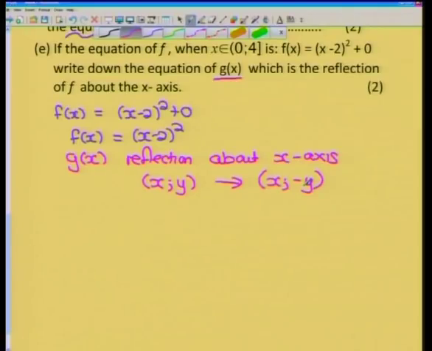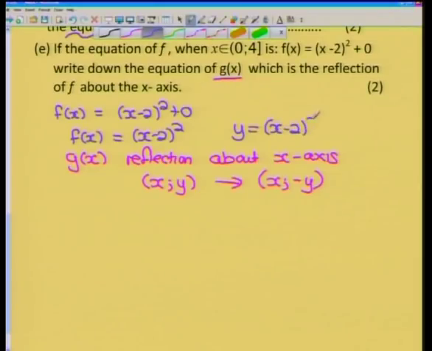The x, y will become x, negative y. So if we go to this purple one that we've got up here, this y equals x minus 2 all squared, and we're now going to use that rule. We're going to say minus y is equal to x minus 2 all squared. Of course, that's not y form, so we bring the negative over, and we get that.